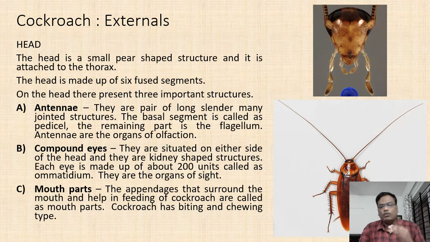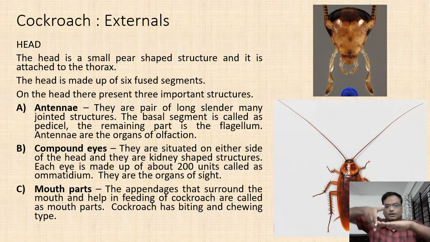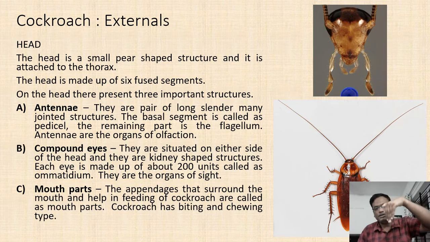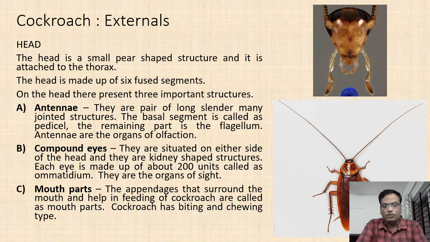Now, one thing you have to understand about the head of cockroach is, if this is the thorax and abdomen of the cockroach, the head is actually perpendicular to the thorax and abdominal part. So the head region is like this, perpendicular to the remaining part of the body, and therefore the head appears like a pear-shaped or triangular shaped structure. And head is actually made up of 6 fused segments.